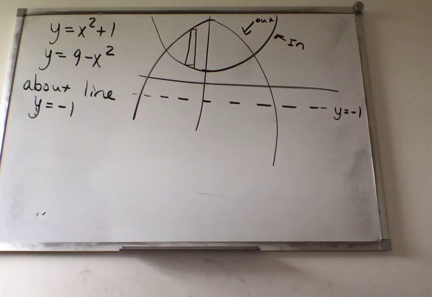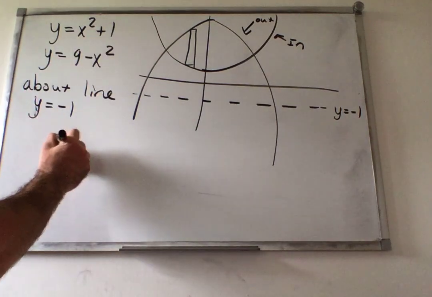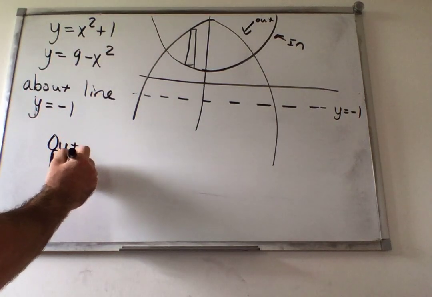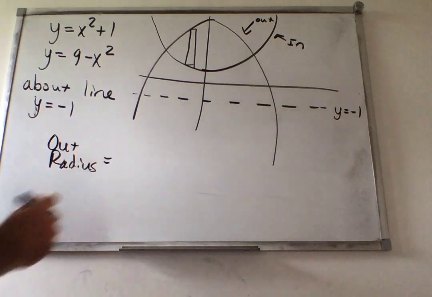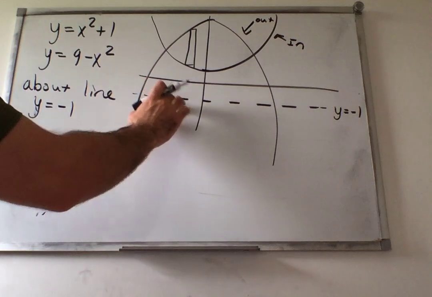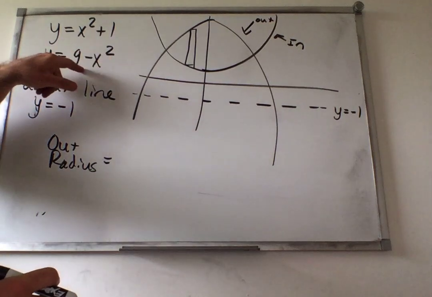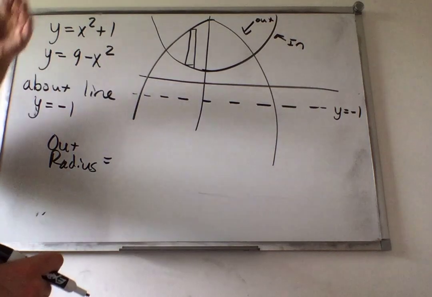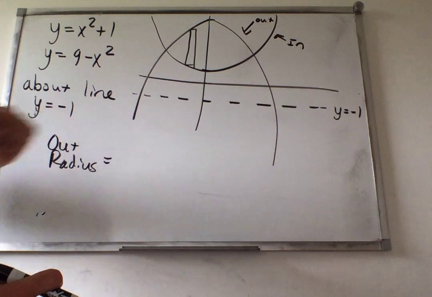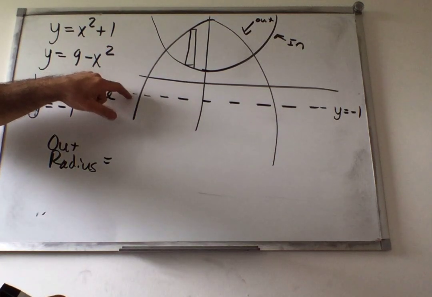When doing the disk method, to get your radius, so this is the outer radius. When you find your inner and outer radius, when you're revolving about a different line, you look at the line. This is the outer line, so this 9 minus x squared, and you do the upper curve minus the lower curve. The lower curve in this case is y equals negative 1.